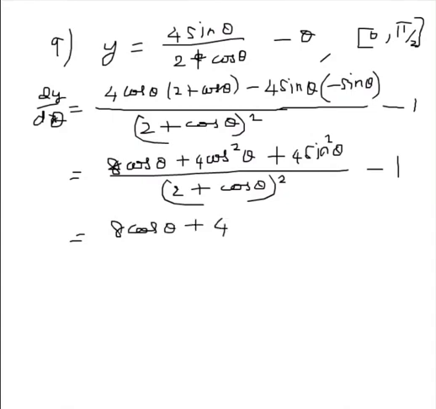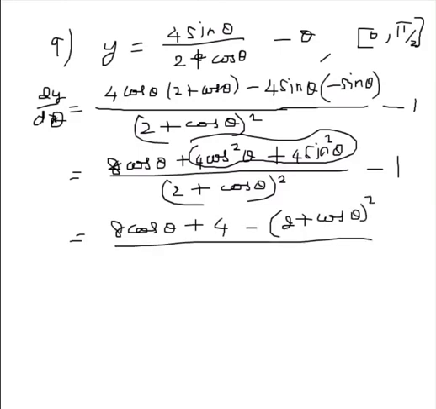I can combine these two terms, sin square plus cos square. After taking 4 out it becomes 1, minus of 2 cos theta the whole square. I have taken LCM. So 8 cos theta. I'm opening the brackets because we have in between minus sign, please use brackets.